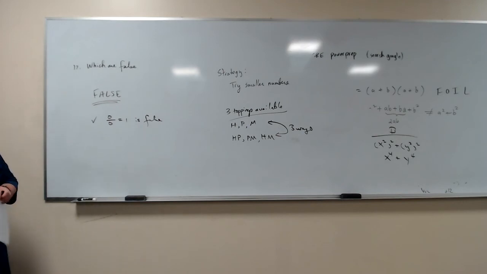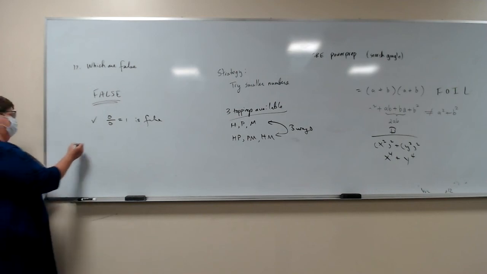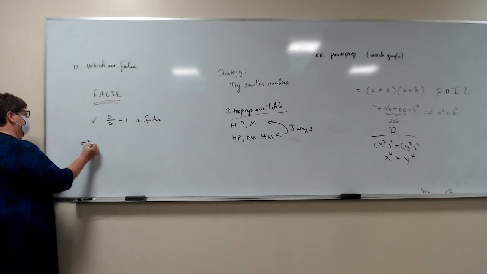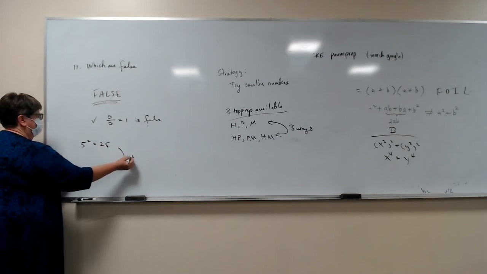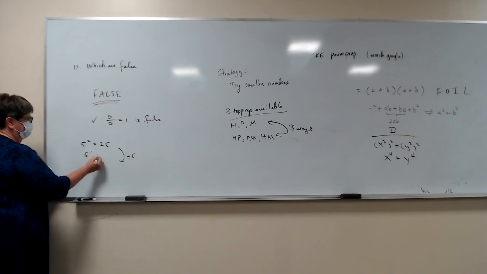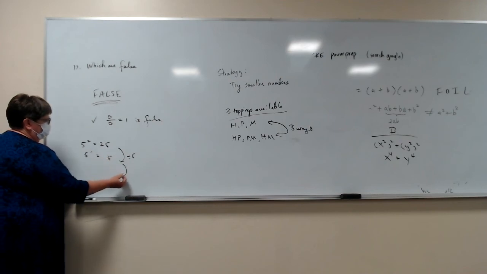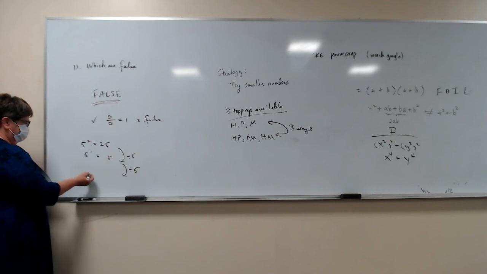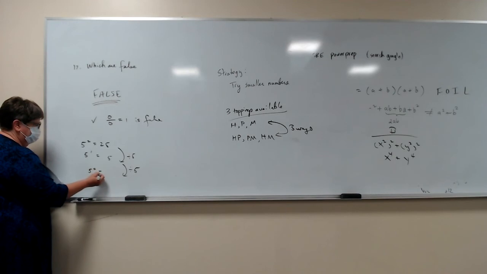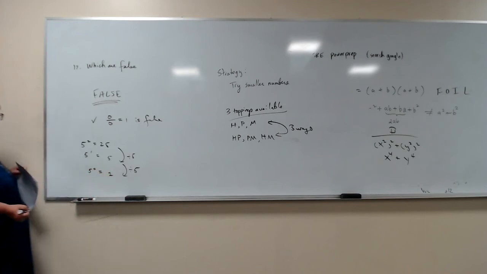Five to the 0 power is 1. What's the deal with the 0 power? 5 squared is 25. If I divide that by 5, I get 5 to the 1. If I divide that by 5, of course you can ask your calculator. I bet this wouldn't actually be on the test, right? But it's good to know these facts. 5 to the 0, this is why we define it to be 1.